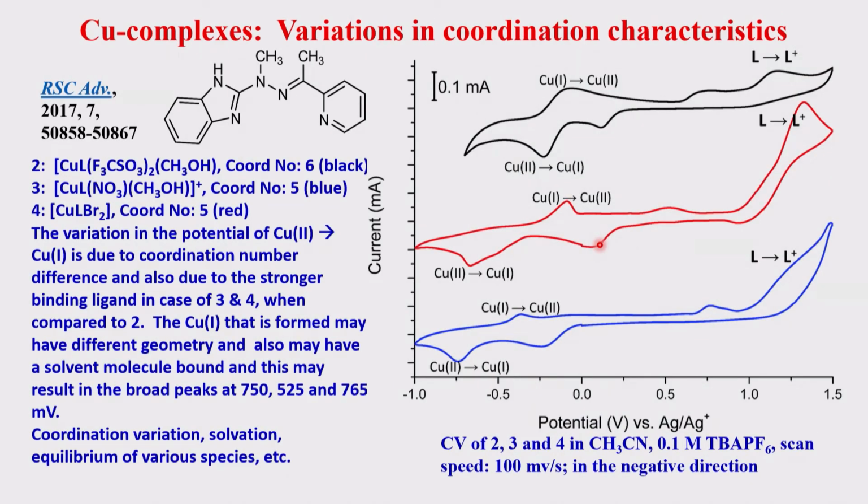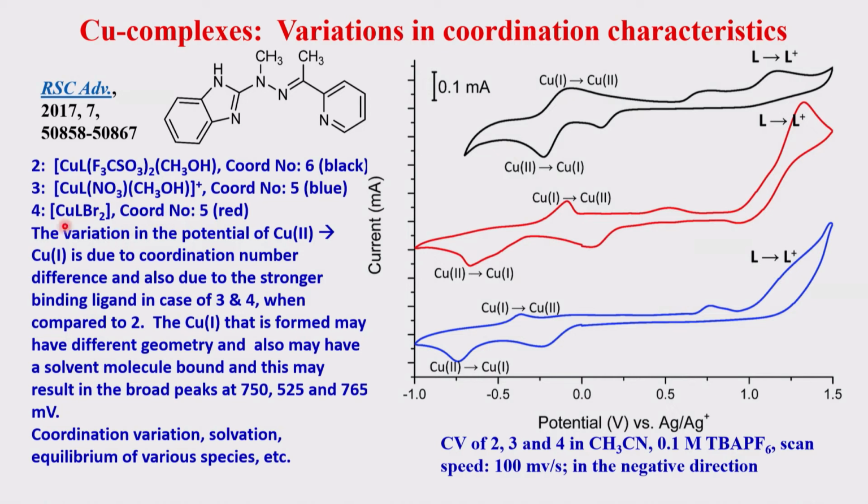So these are the things. We have another example here, organic, where this kind of ligand binding to a copper can give different kinds of species in different anions or solvent. Here CF3SO3, so here you have a 6 coordinated one, and when you have the NO3 nitrate instead of trifluoromethyl sulfonate, then it gives more of a 5, but it also shows fluxional behavior.